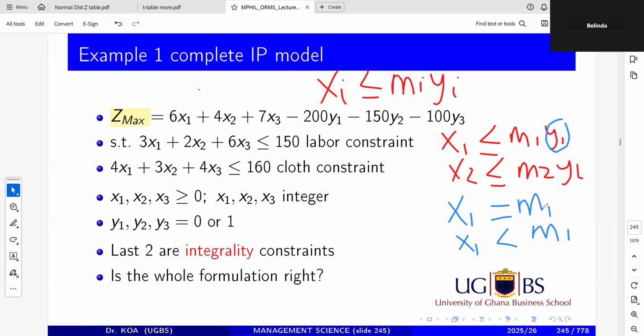But actually, m1 is the highest value that x1 can take. Write that down. There are other values of x1 that are going to be less than m1, but the value of x1 that will be equal to m1 is the m1 we are talking about.